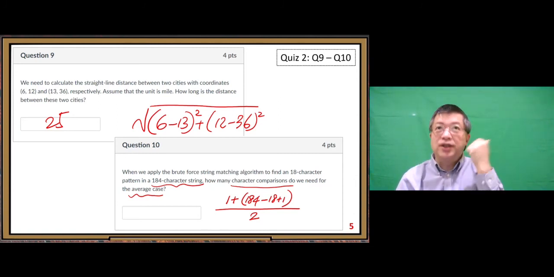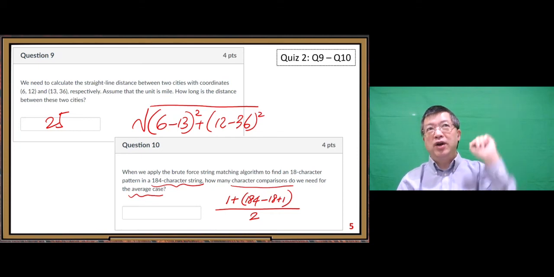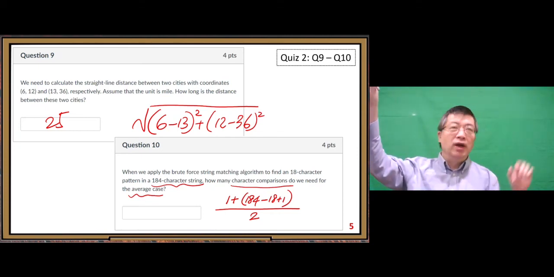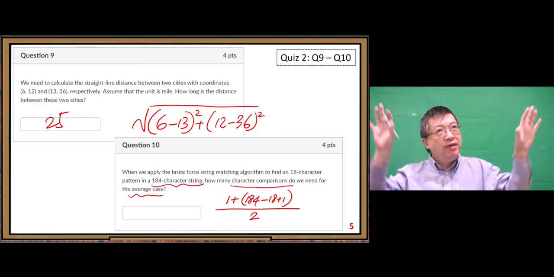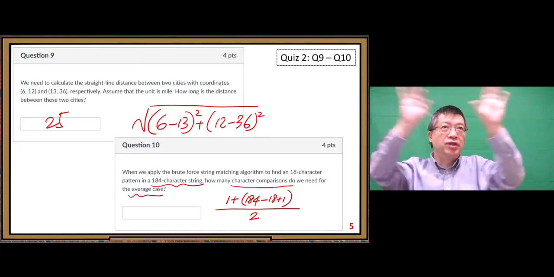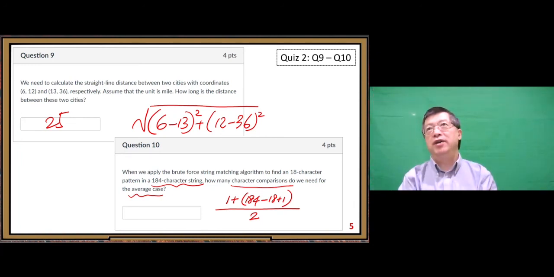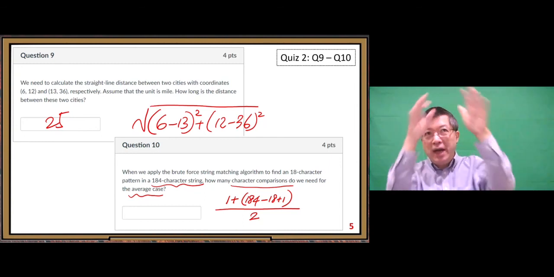For this case, it is correct. Okay? For binary search, it's not correct. In our binary search, the best case 1, the worst case some number. If you need to find the average case, you cannot just add those 2 divided by 2. It's wrong. So you need to do some analysis.